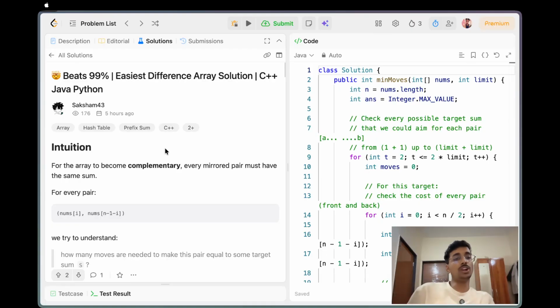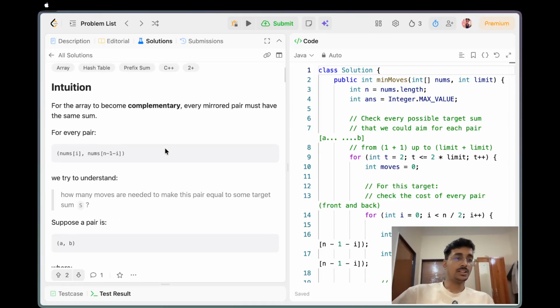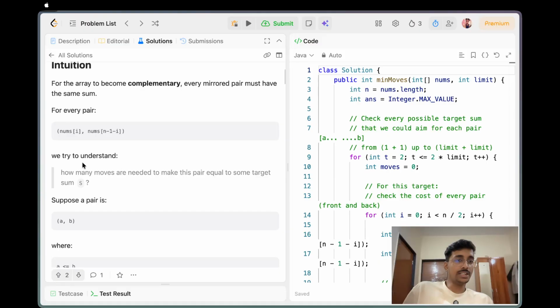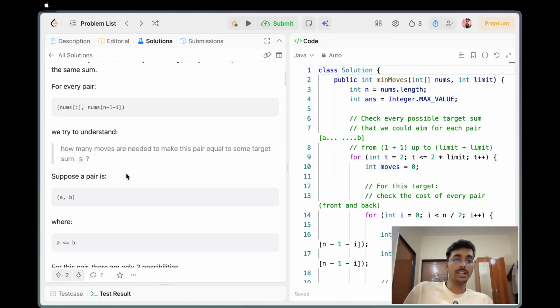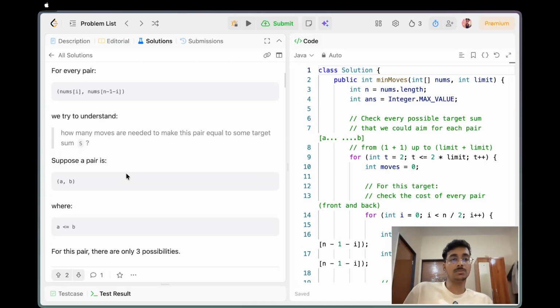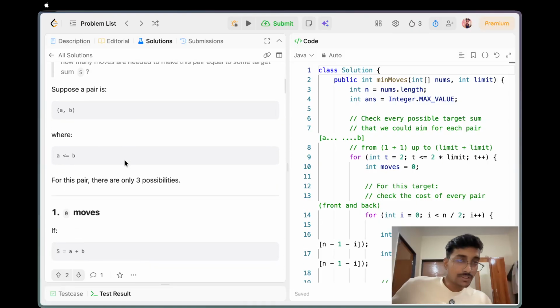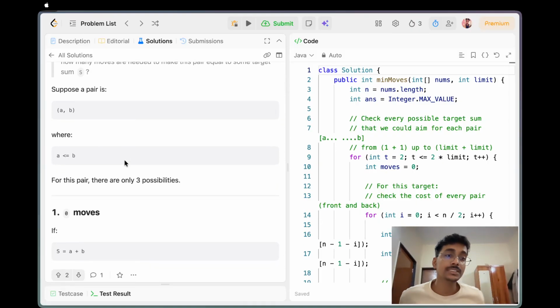Wait, intuition: for an array to become complementary, it must be like this. We try to understand how many moves are needed to make a pair equal to a target sum s. Suppose we have a pair a and b where a is less than or equal to b.